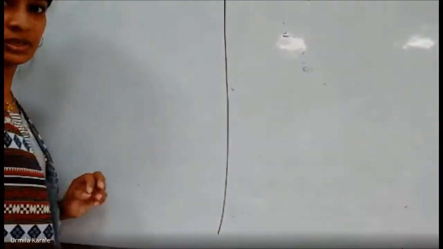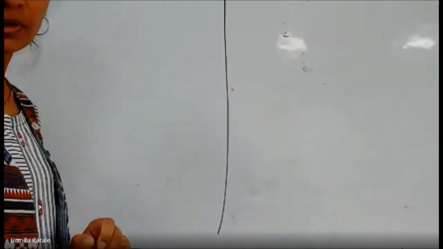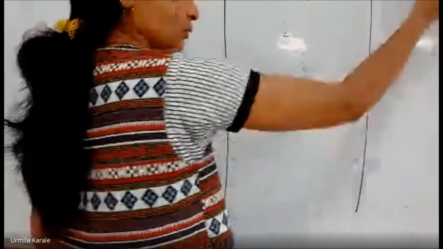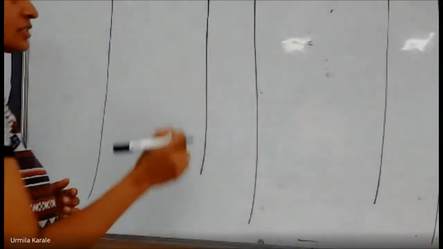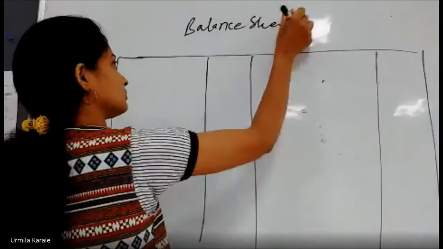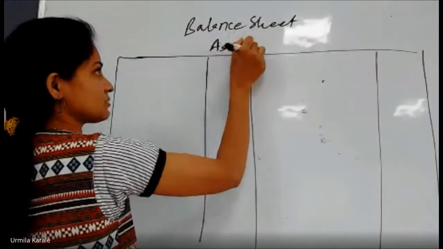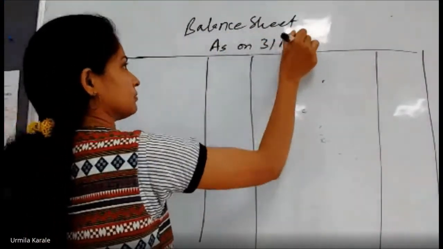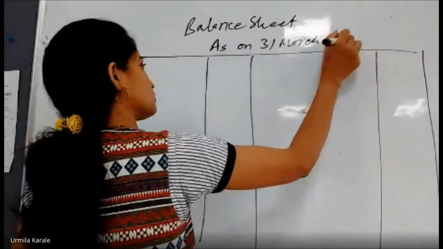Now we have to put all this information into the balance sheet. So I'm just creating the format of the balance sheet. When you are supposed to prepare a balance sheet, you need to explain all the components. Okay, you cannot skip any details. So I'll be giving the heading first here. Balance sheet as on 31st March 2020.